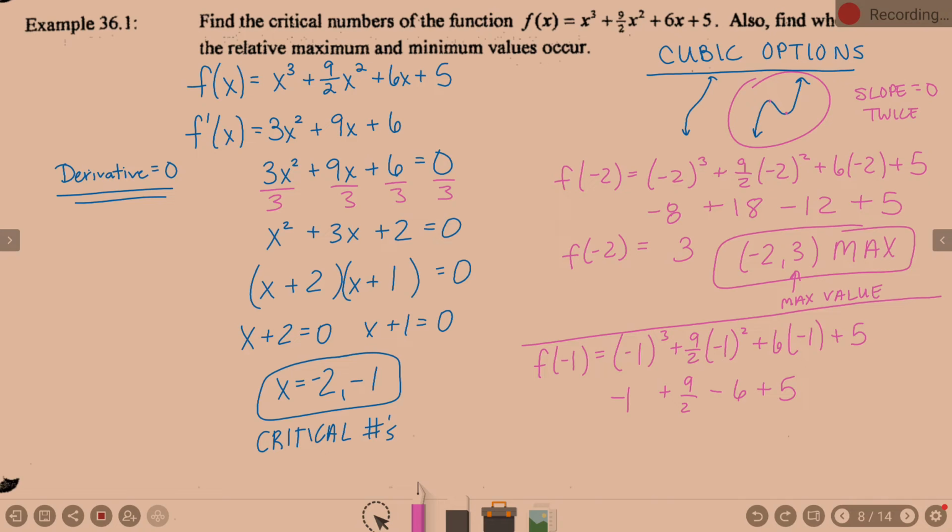Still 2.5. However you do this, f of negative 1 is 2.5. Doesn't matter if you say 2.5 or 5 halves. So negative 1, comma 2.5, and this is my minimum.